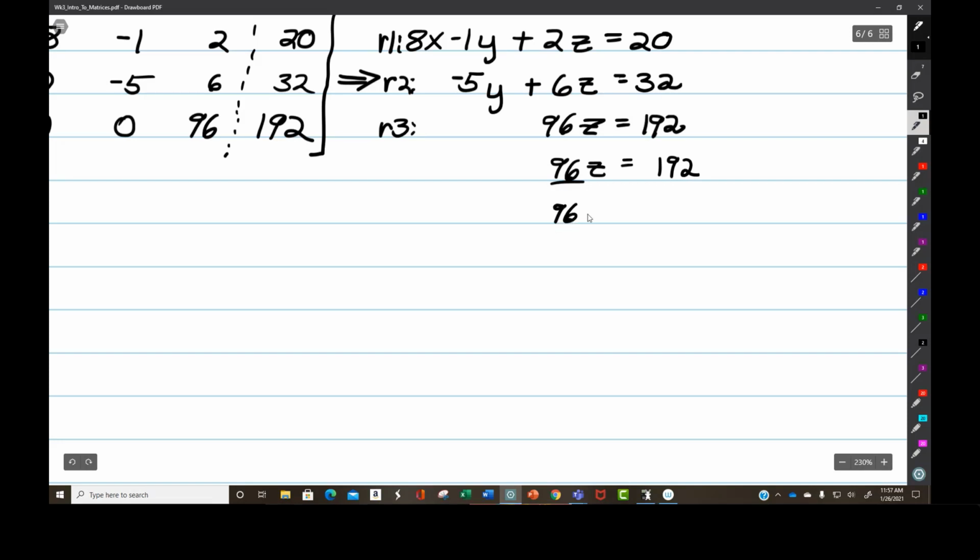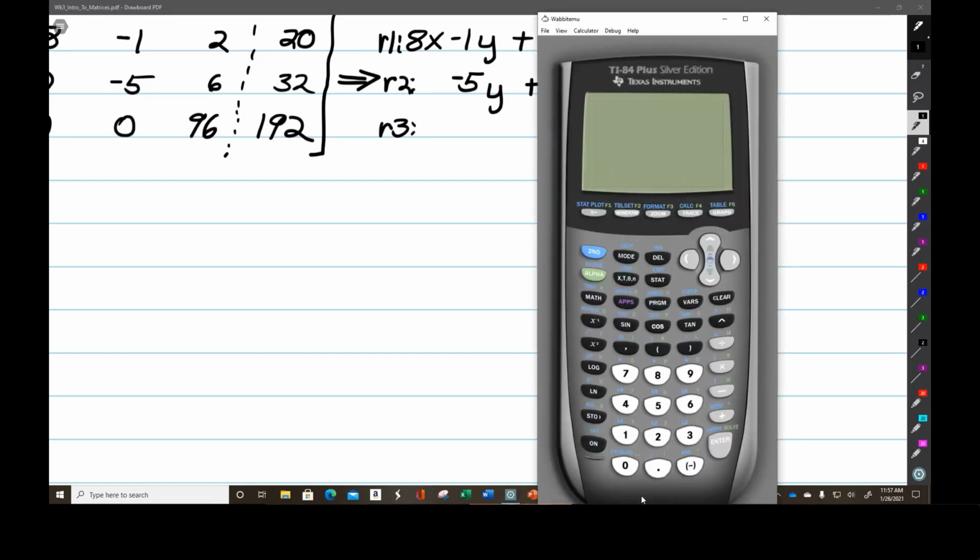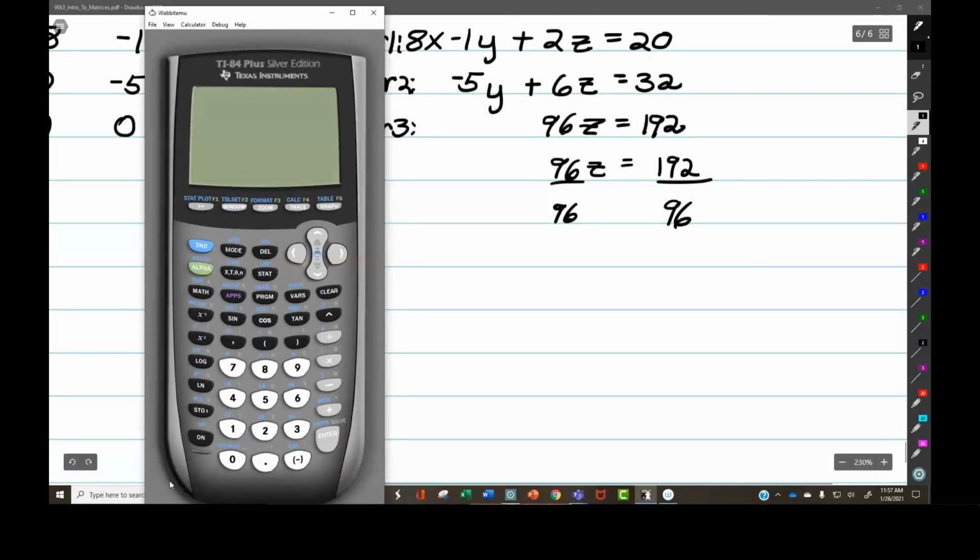Divide by 96. One, 9, 2 divided by 96. Okay, z equals 2.